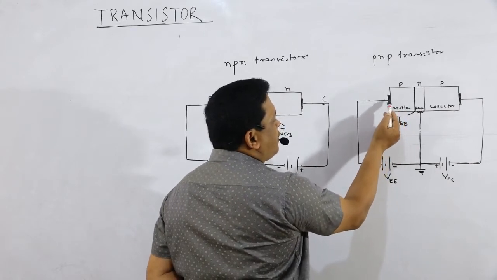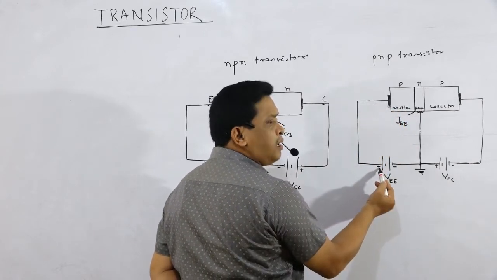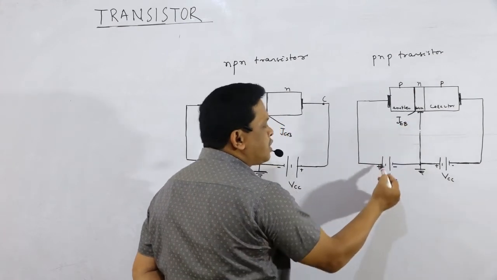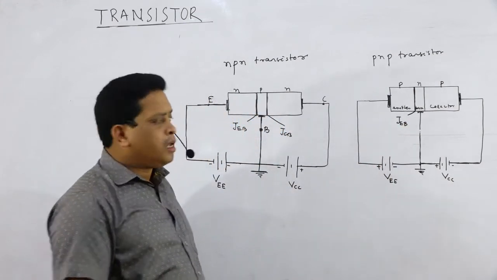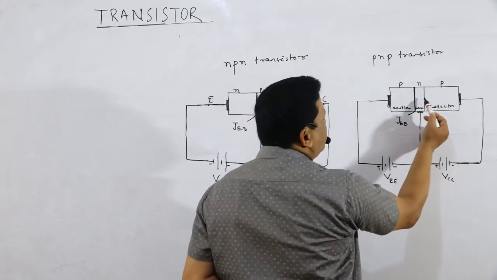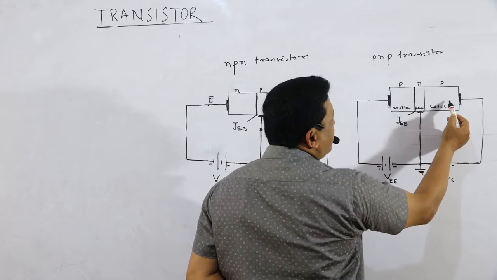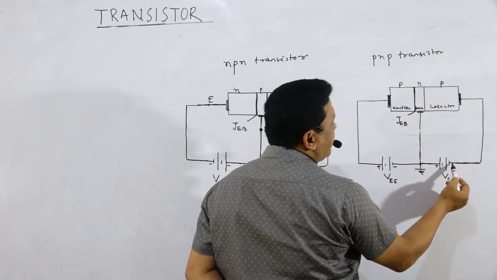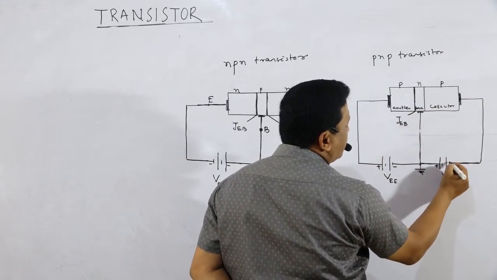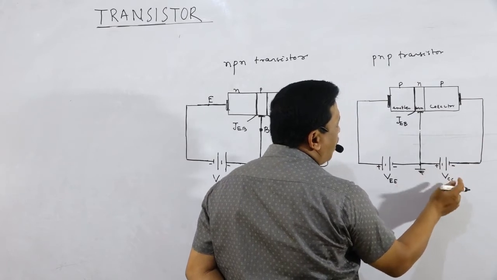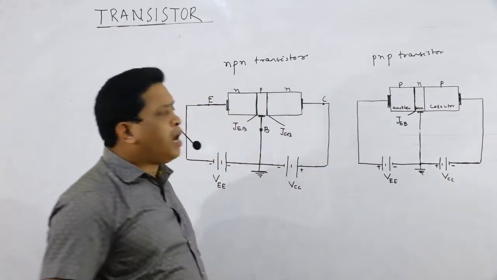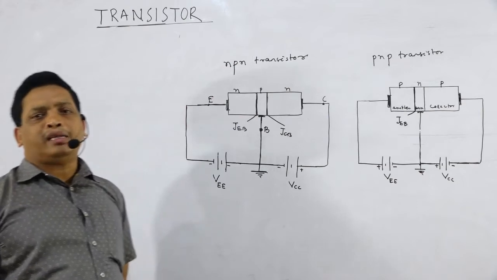Look here, the P material is connected with the positive terminal. Therefore, the input PN junction is forward biased. But look at the output PN junction between base and collector. This is the N material, this is the P material. The P material is connected with the negative terminal of the battery. Therefore, the output battery VCC keeps the output PN junction reverse biased.